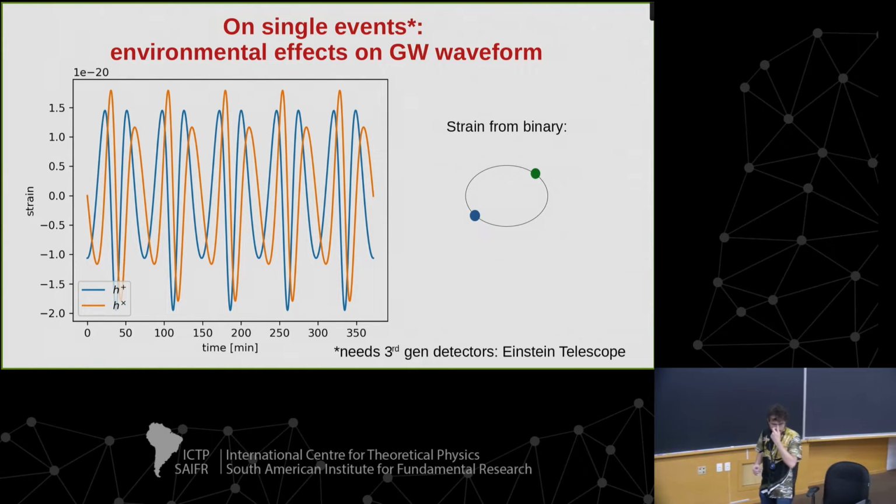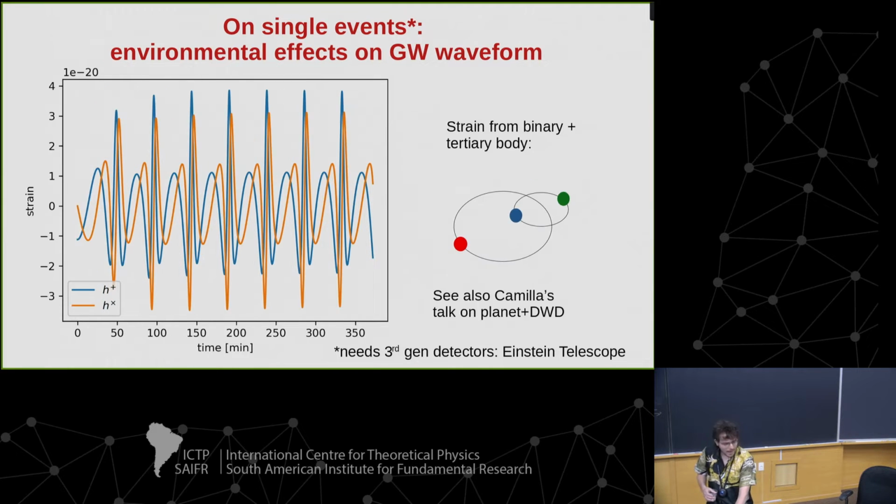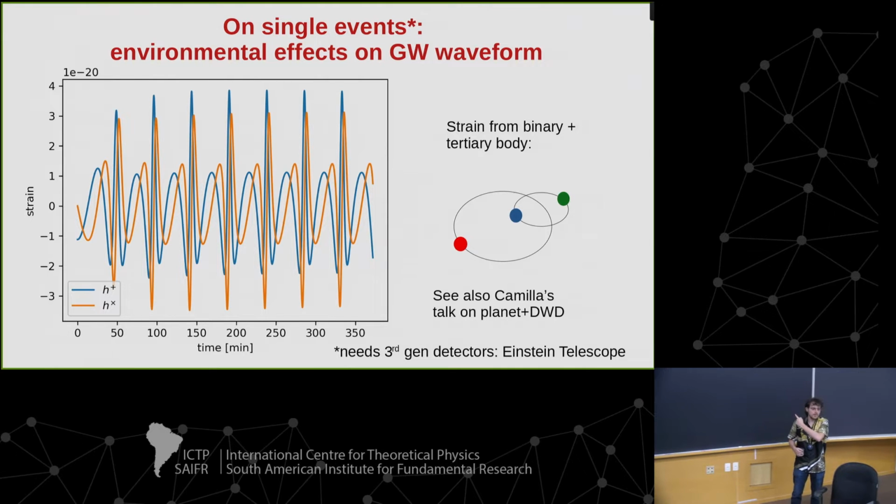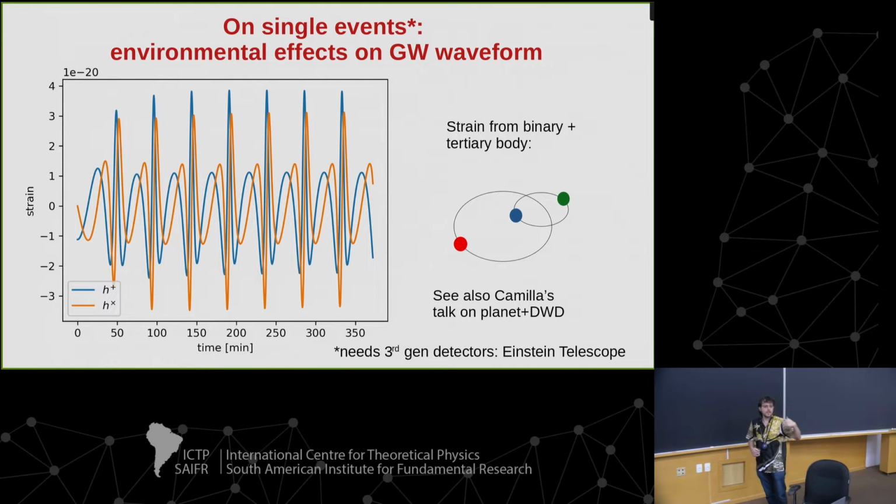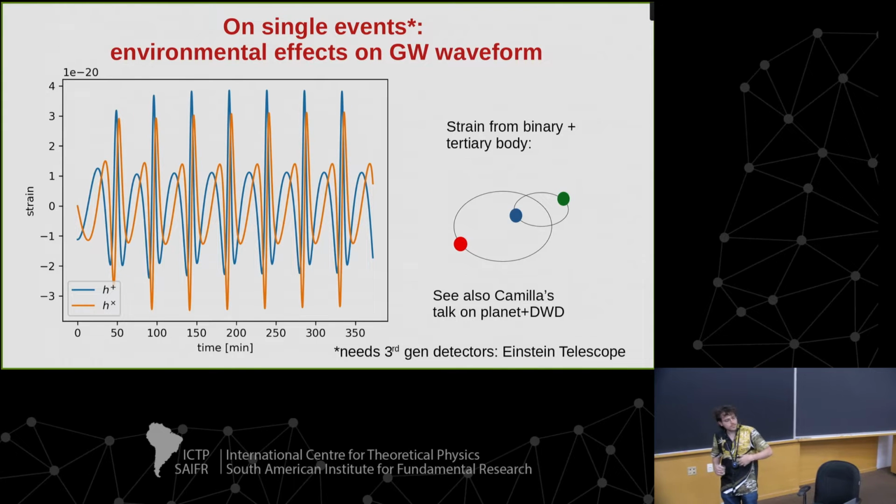What I show here is the strain of an eccentric binary, which I calculated a few minutes ago. And if I add a perturber, that's how it becomes. If there is a perturber, in this case just a tertiary body, but you can have gas, you can have dark matter, for example, you can change the waveform.